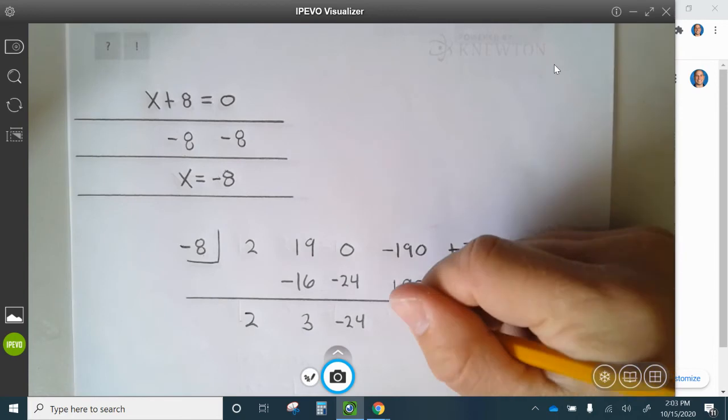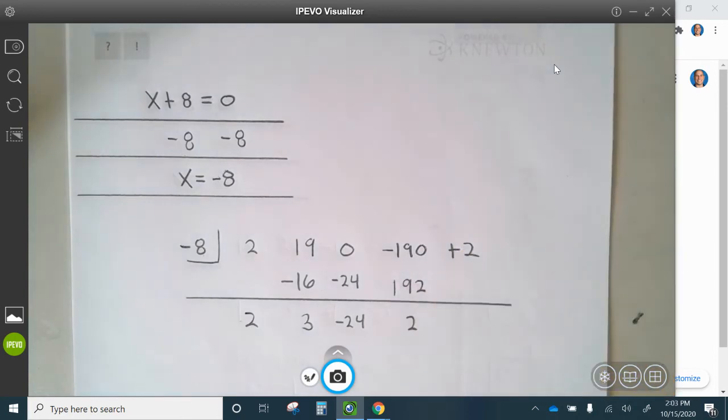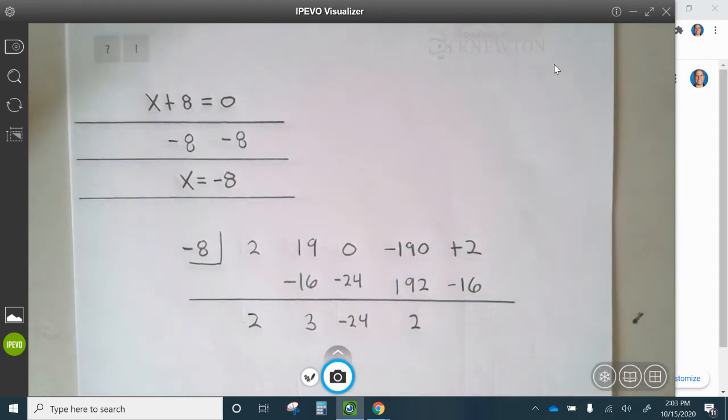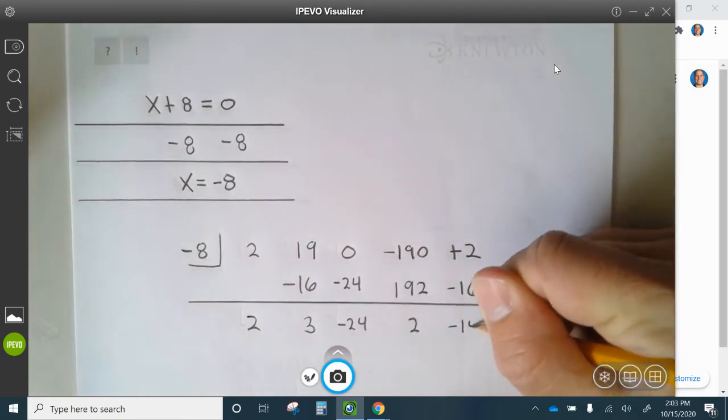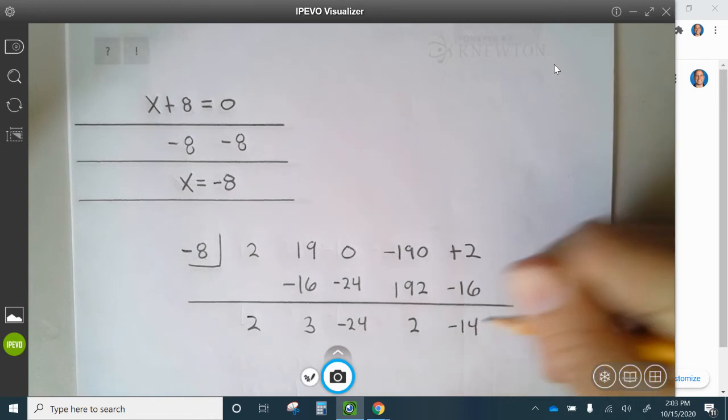That combines to be 2. So negative 8 times 2 is negative 16. So 2 and negative 16 combine to be negative 14. That's your remainder.